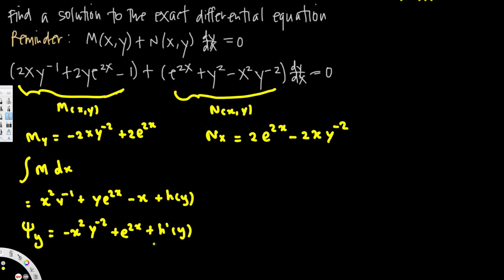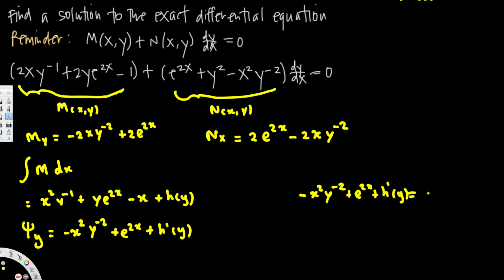Now to find that one, we are going to equate this derivative to N of xy. So if you notice, minus x square y to the power minus 2 plus e to the power 2x plus h prime y is equal to N of xy. N of xy is this one, right?